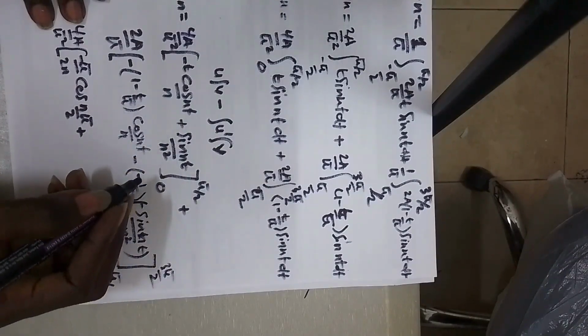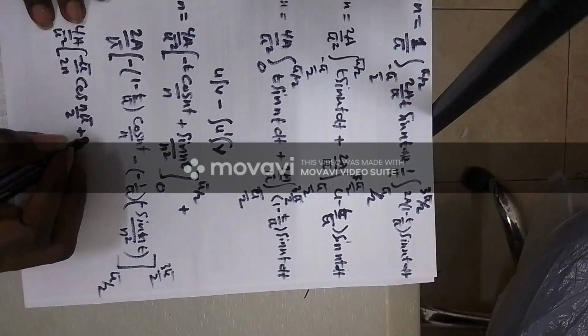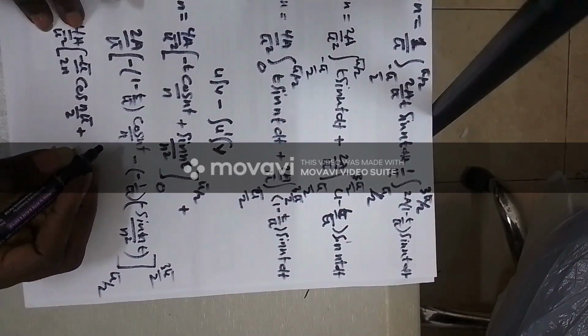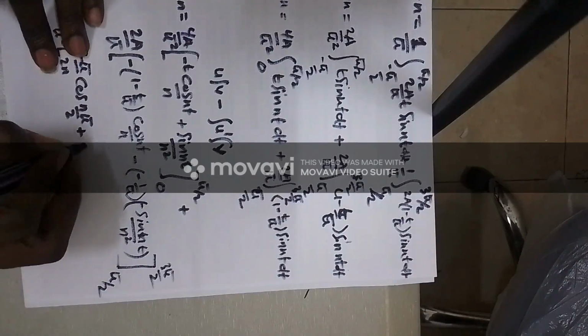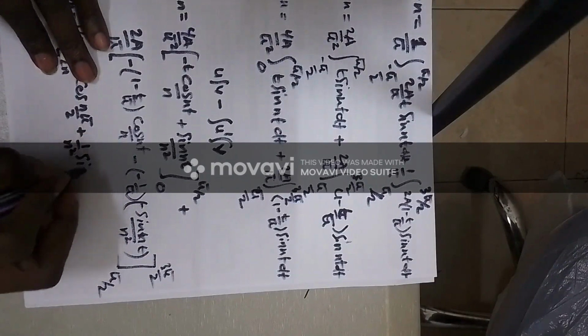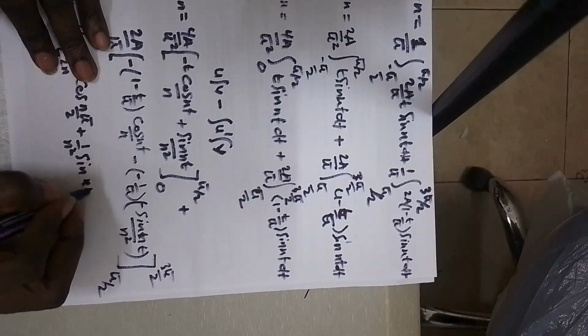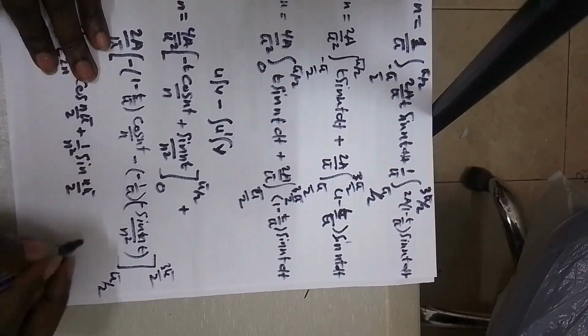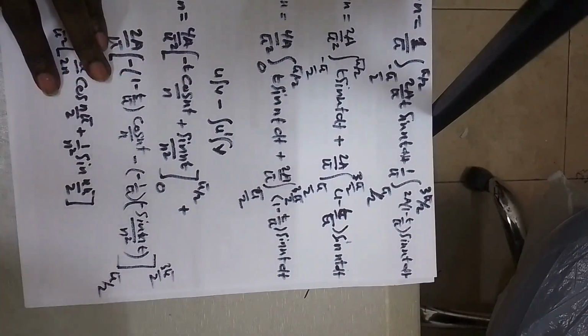But what happens is that n squared is also over there, so I can bring the n squared out here like this, and I'll have sine n pi on 2.